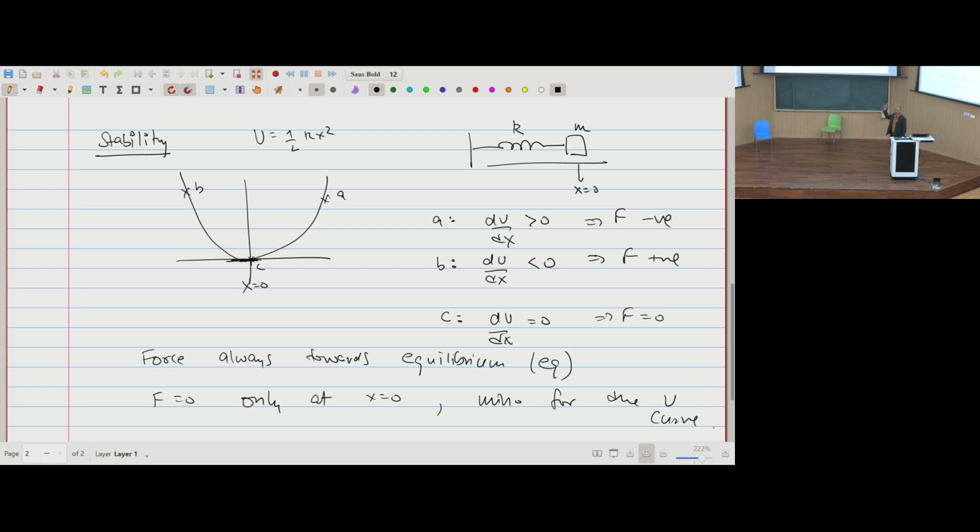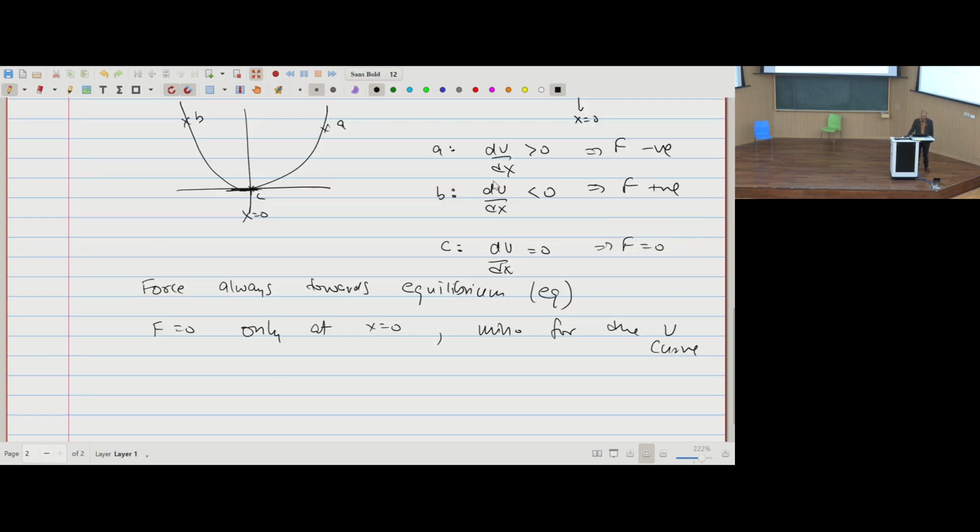You'll read my writing, right? F is equal to 0 only at x equal to 0, where there is a minimum for the potential energy curve. x equal to 0 is the equilibrium position.